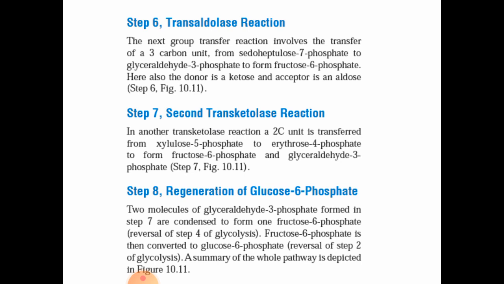The next step is regeneration of glucose 6-phosphate. Two molecules of glyceraldehyde 3-phosphate formed in the previous steps condense to form 1 fructose 6-phosphate, and this fructose 6-phosphate is converted to glucose 6-phosphate. These are all the reversal steps which you see in glycolysis.